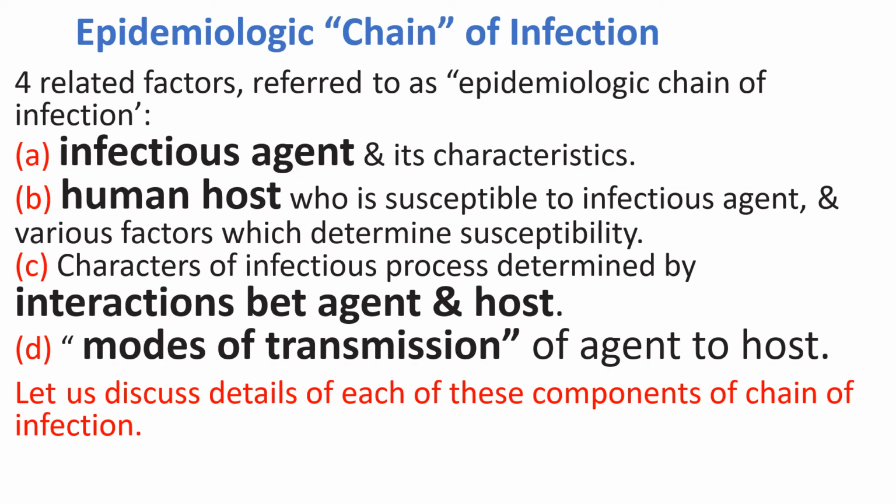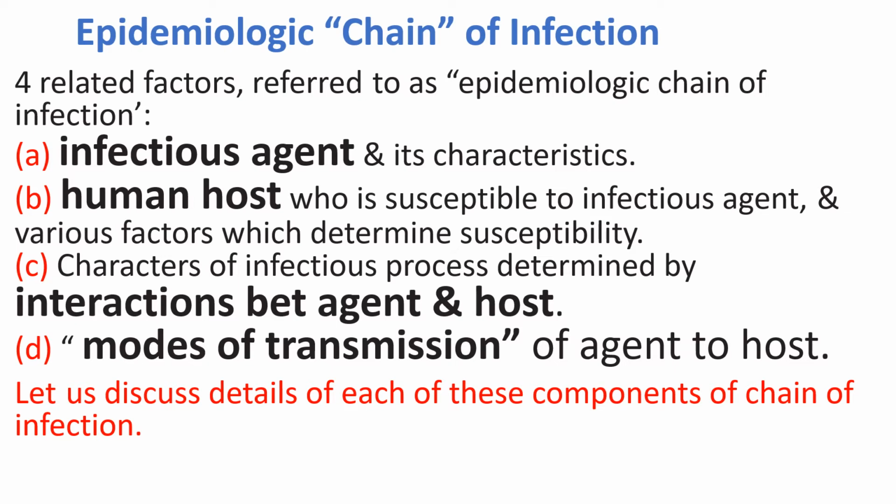Epidemiologic chain of infection. Four related factors are referred to as the epidemiologic chain of infection. What are these factors? The infectious agent, the human host, the interaction between agent and host, and modes of transmission.